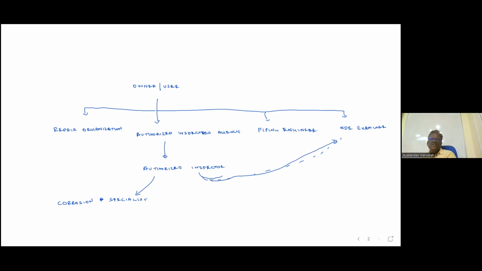That's all. If the exam asks who will implement 570, only these 5 people: 1, 2, 3, 4. These 5 people will make a team. This team only is responsible for the 570. Owner is overall responsibility. Corrosion specialist is a consultant. Whenever the inspector has some doubt, he will consult him.